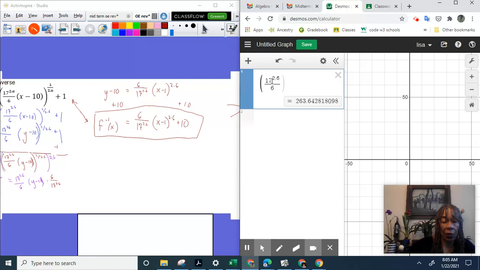I use my right arrow key twice because I want to start a new thing. Open parentheses x minus 10, close parentheses, again, caret button, Shift 6 to the 1 divided by 2.6.